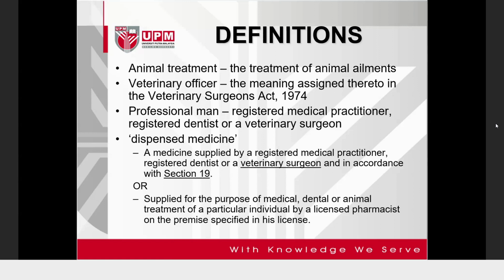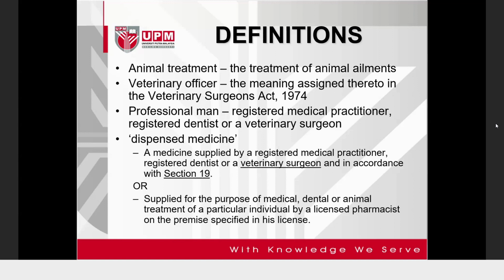So dispense medicine refers to, according to the Poison Act, Section 19. It says that a medicine supplied by a registered medical practitioner, registered dentist, or a veterinary surgeon, in accordance with Section 19. So with whatever is listed in Section 19 lah.